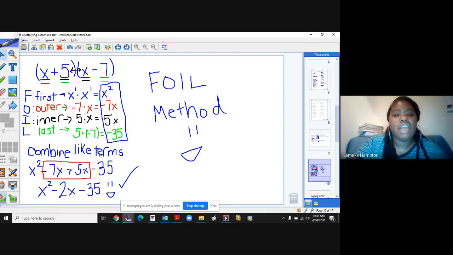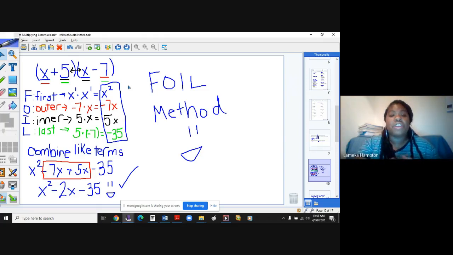Okay, so now I have all of these things over here. I have x squared, -7x, a positive 5x, and a -35. What you want to do is make sure that you are writing these things in order. So that's going back to the previous exercise that we did.